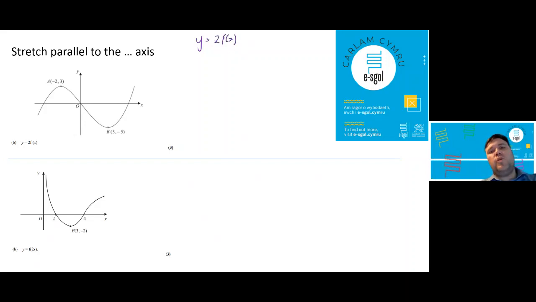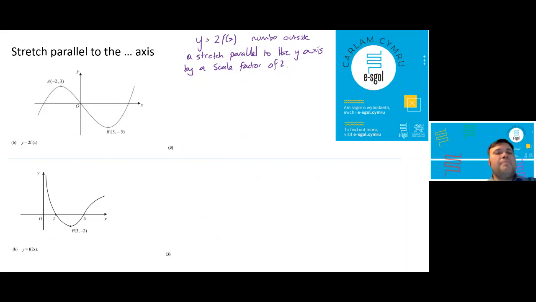So because the 2 is outside, number outside, we have a stretch parallel to the y-axis by a scale factor of 2. So what that means is every y coordinate is multiplied by 2.